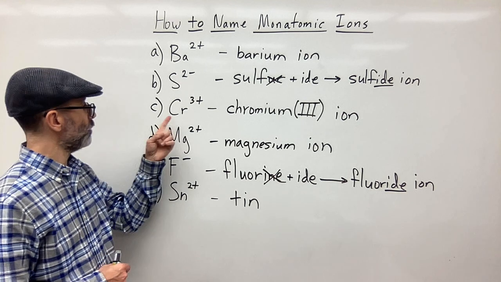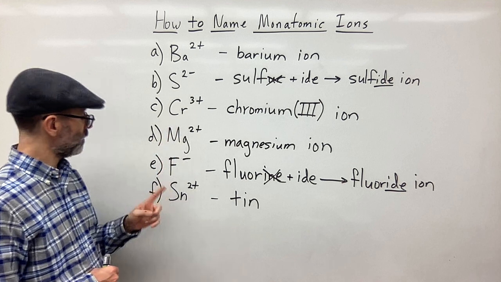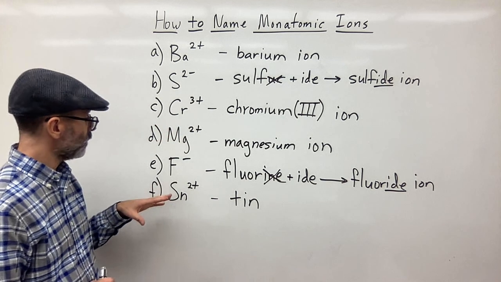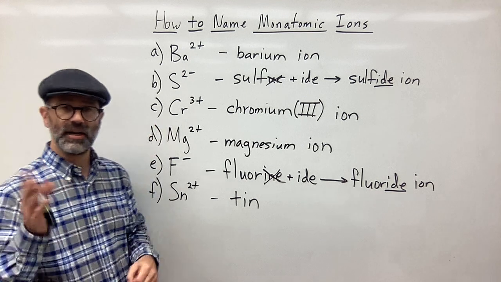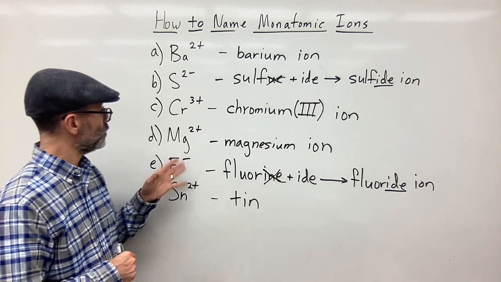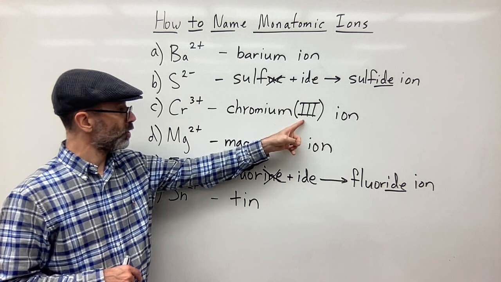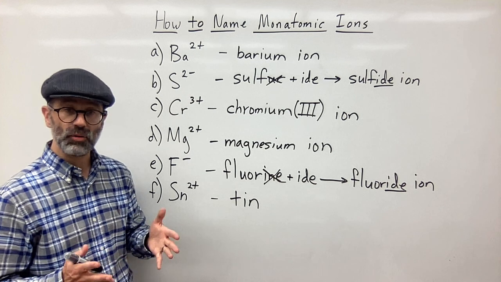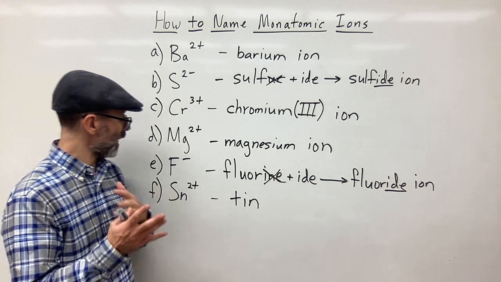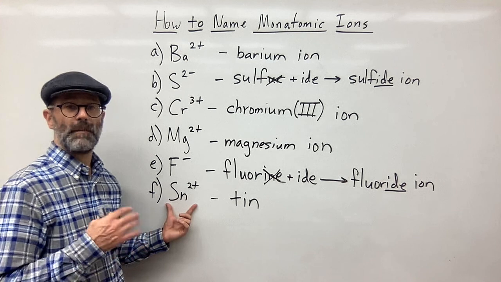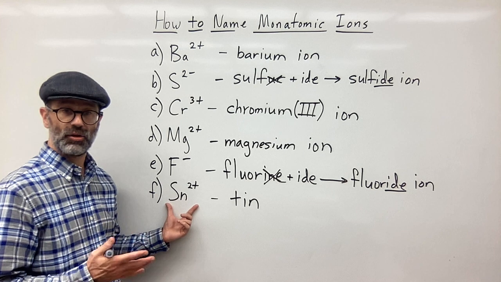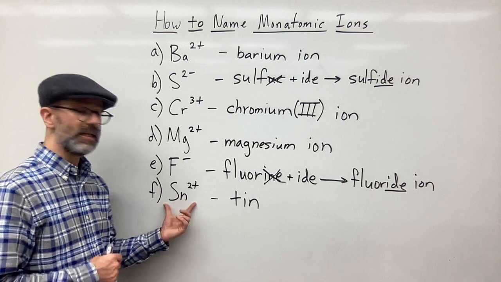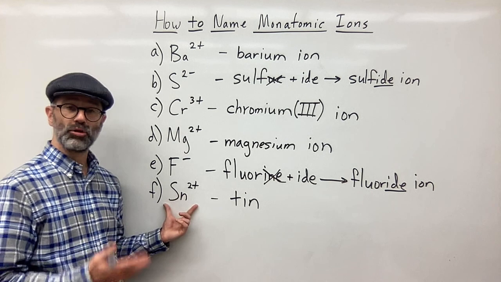As we saw with regard to chromium, and I mentioned silver and cadmium and zinc, chromium will have a Roman numeral. Most transition elements will have a Roman numeral, but there are exceptions that won't. On the same note, in most cases your main group metals will not have a Roman numeral because they only have one charge. Tin is one of those exceptions. Tin can have multiple charges.